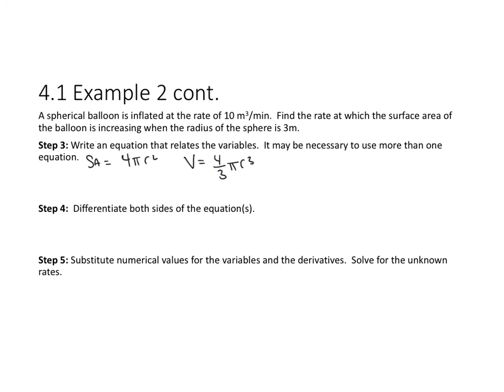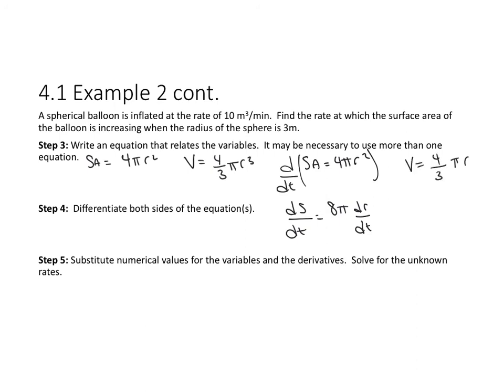And step 4 asks us to differentiate both sides of each equation. I'm going to go up here for a little more room. We're going to differentiate with respect to time. So I have dS/dt is 8 pi r dr/dt, and for the volume, 4/3 pi r cubed.